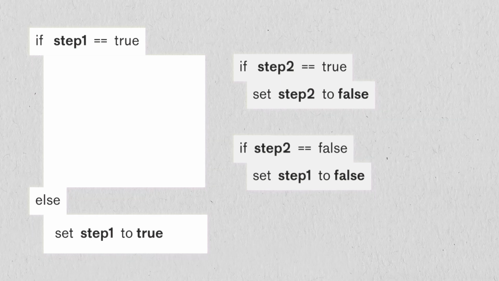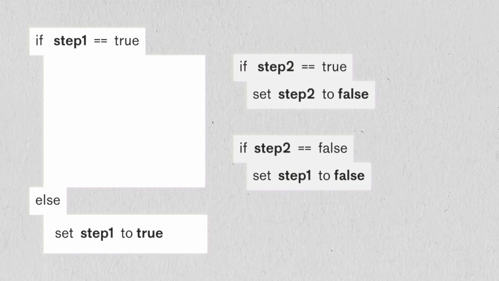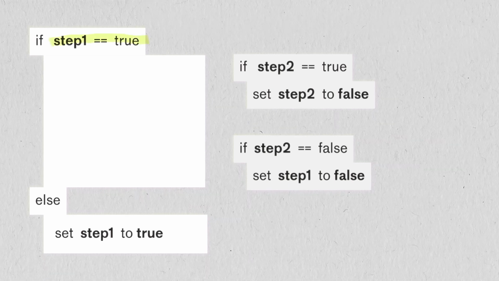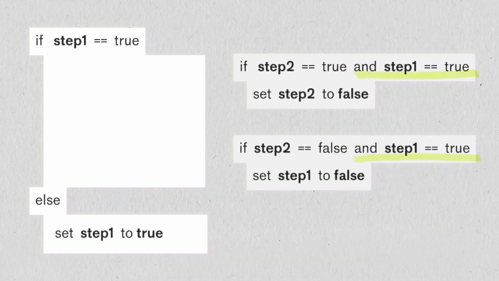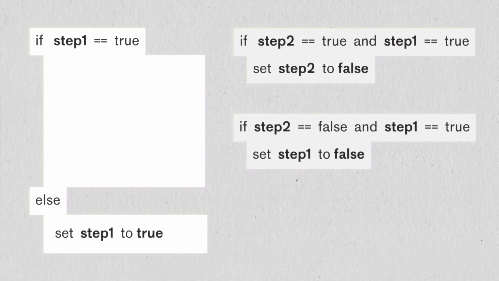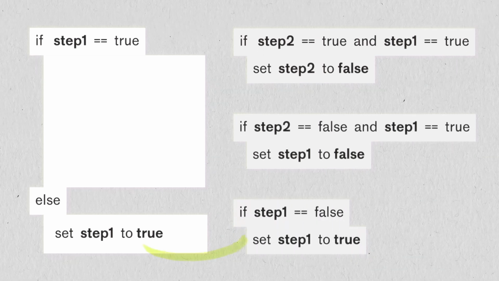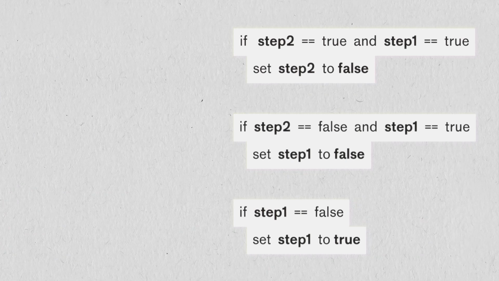So now, instead of doing the nesting, we do a simultaneous check on the things that we were checking in the inner and outer conditional, and we do it in a single move by taking the check from here and adding it to both of these lines, essentially making sure that we check two things at the same time. Then we still have to make it explicit that we're checking for the case where step 1 is not currently selected, so we pull it out into a separate conditional. And now we can discard the outer conditional and clean this up a little bit.